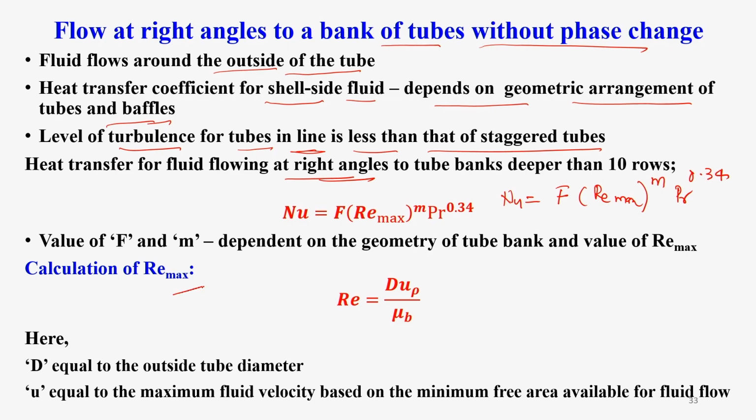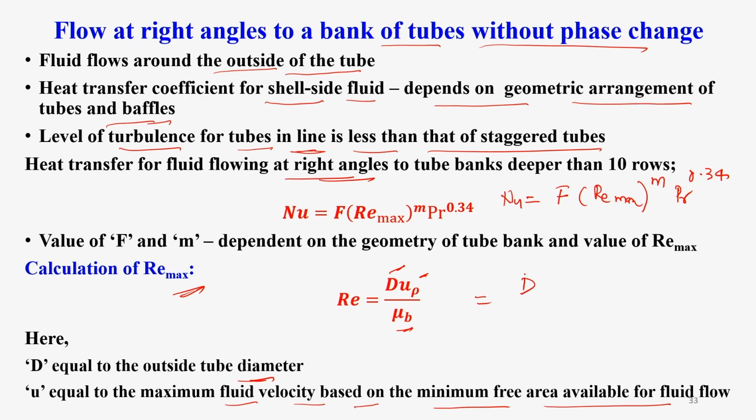And in this way Re max is calculated as D into U rho upon mu. D equals the outside tube diameter, U equals the maximum fluid velocity based on the minimum free area available for fluid flow, and rho.